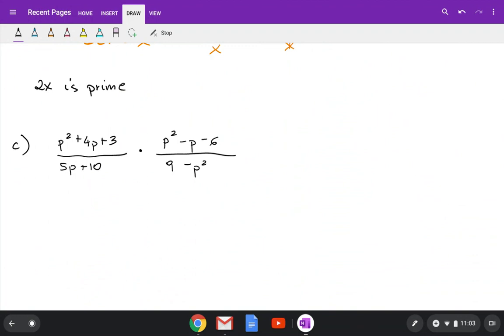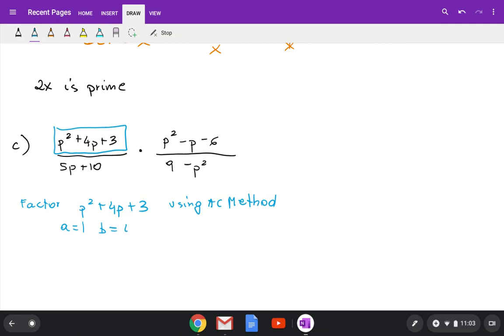Okay, so first let me start with factoring p squared plus 4p plus 3. This is quadratic, so factor using the AC method. And this is the easy AC method because A, which is the leading coefficient in front of p squared, is equal to 1. B is equal to 4.